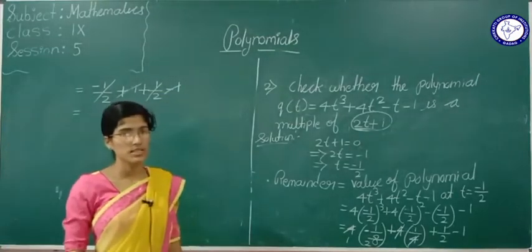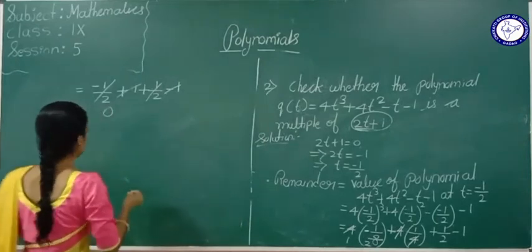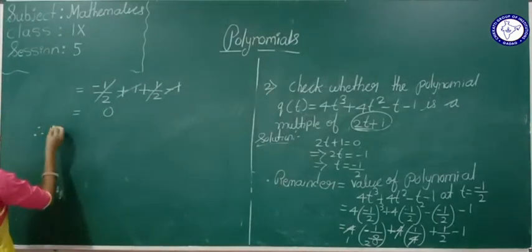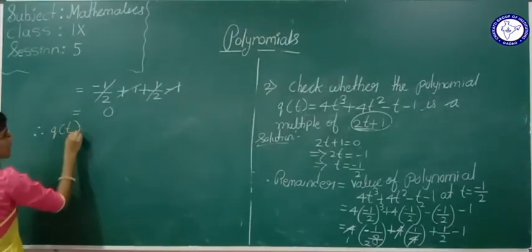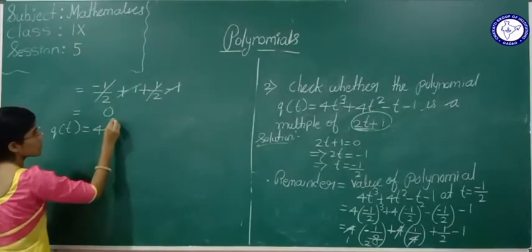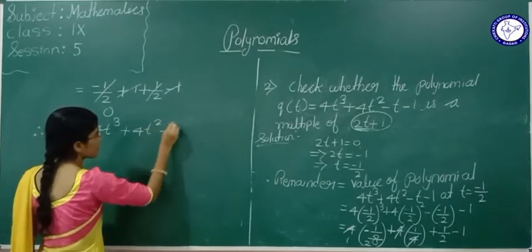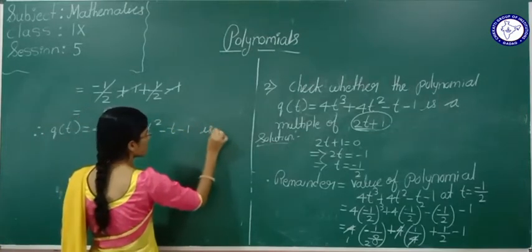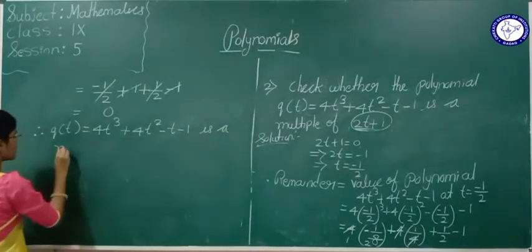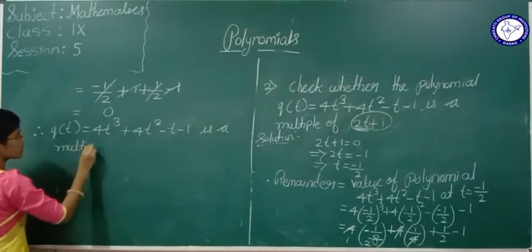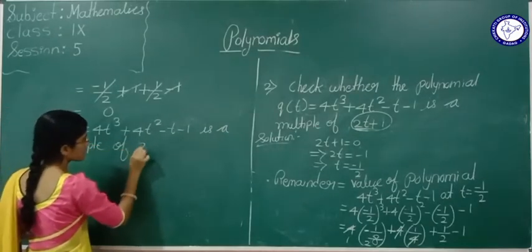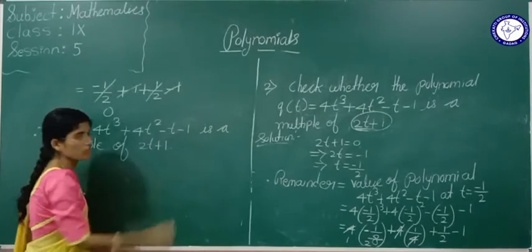If you got remainder 0, it means definitely q of t is equal to 4t cube plus 4t square minus t minus 1 is a multiple of 2t plus 1.